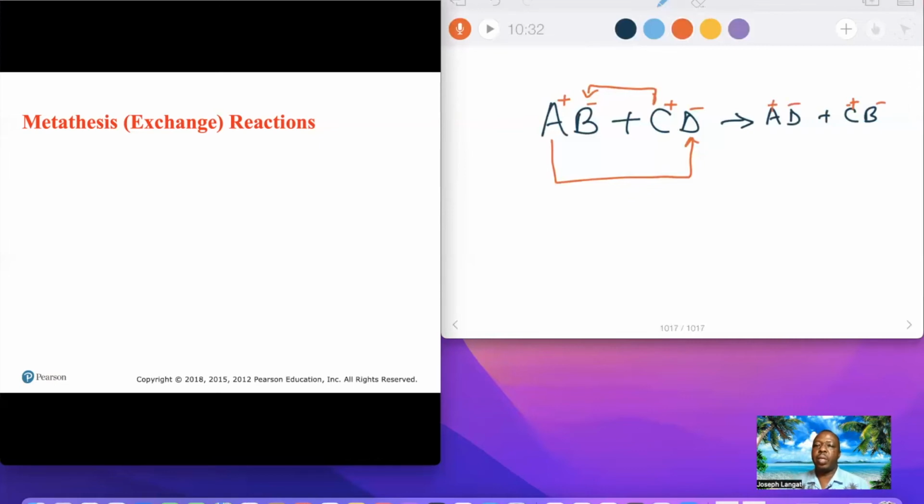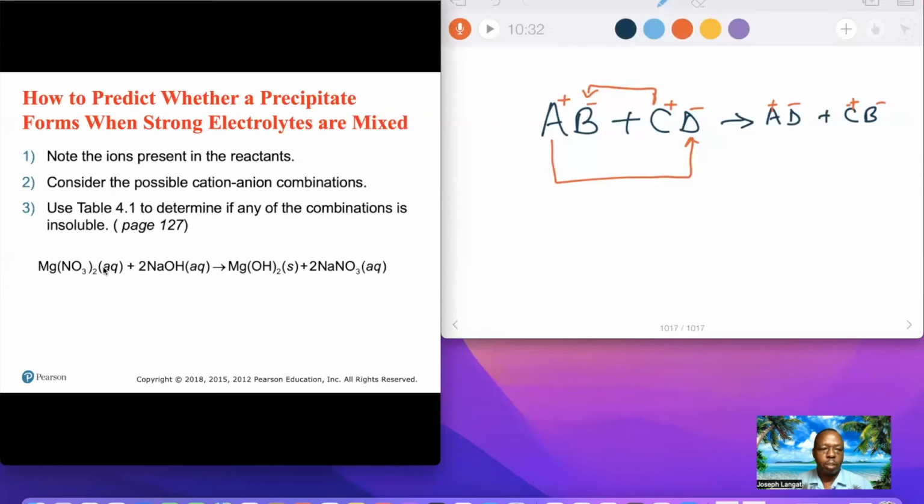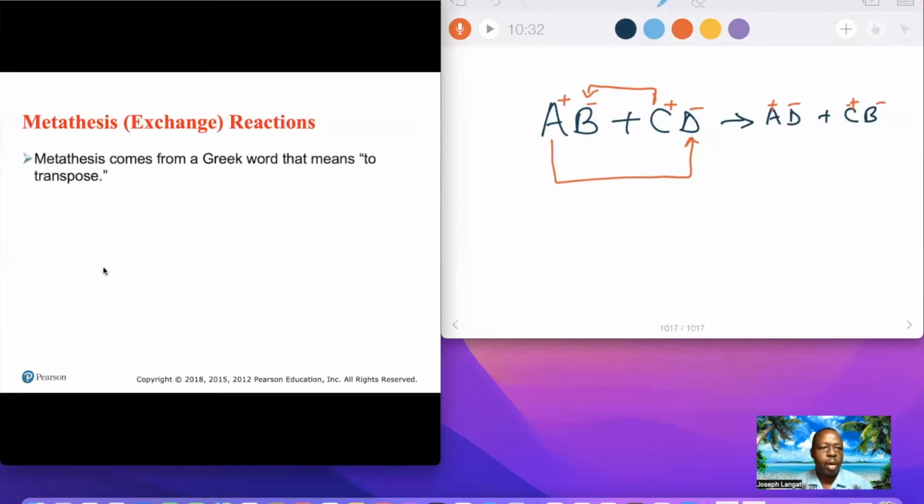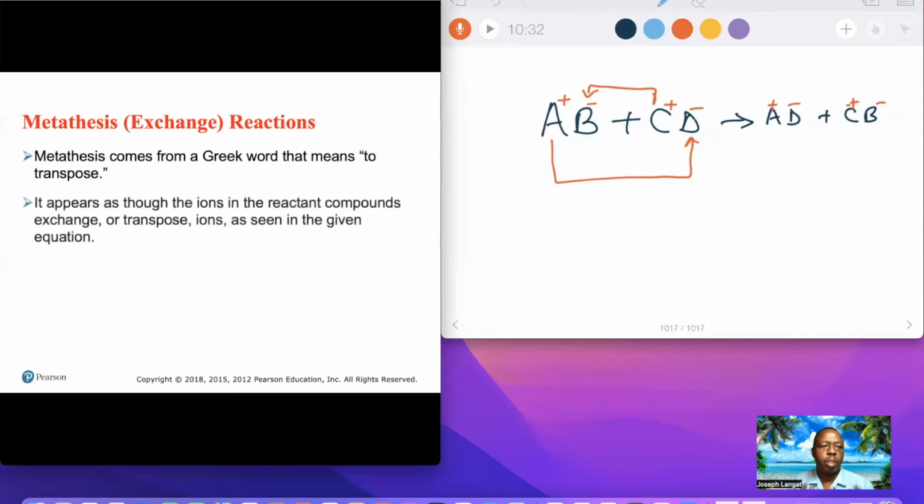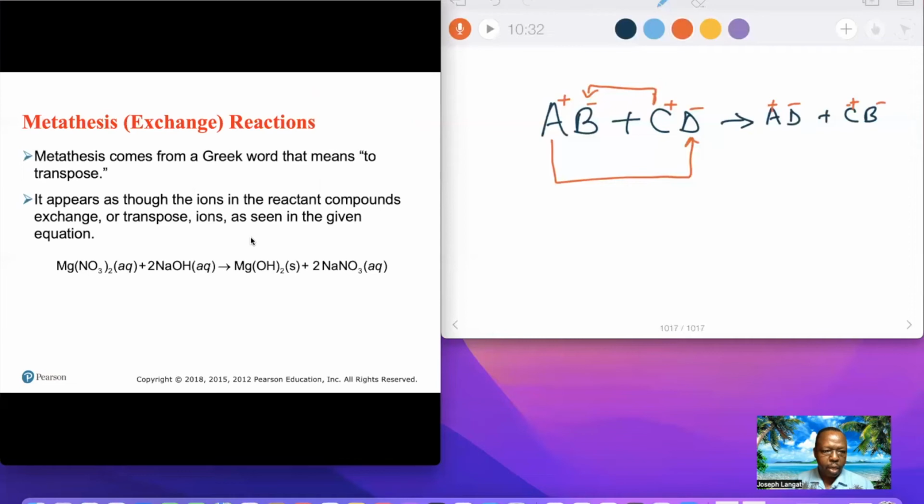Make sure you write it that way. They exchange, a double replacement reaction. Double replacement means to transpose, so the ions exchange. If you look, hydroxide has combined with magnesium, and nitrate has combined with the sodium.